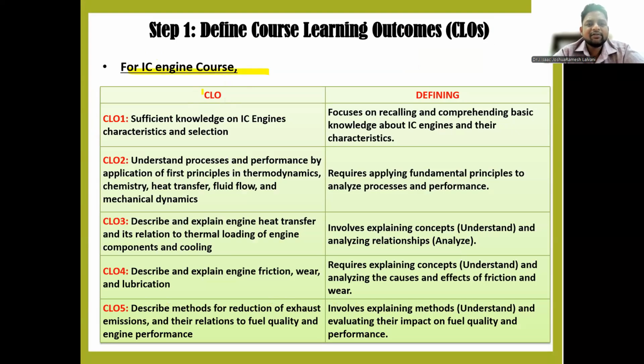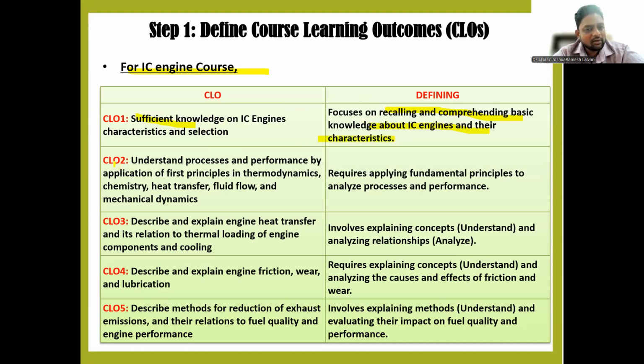Here you can see the different learning objectives from the curriculum. The first one is sufficient knowledge on IC engines, characteristics and selection. This learning outcome focuses on recalling and comprehending basic knowledge about IC engines and their characteristics.